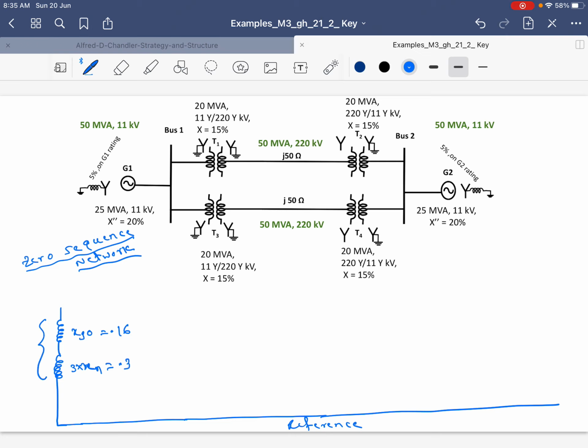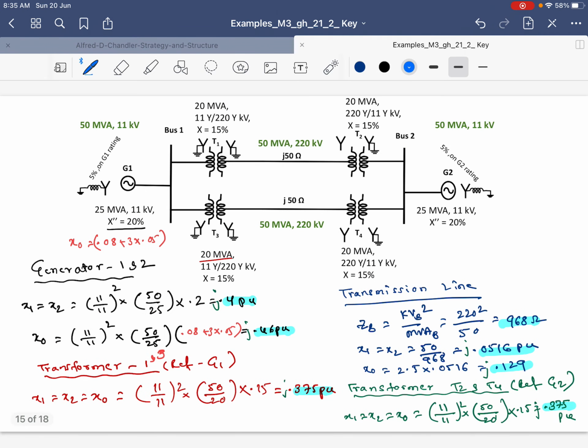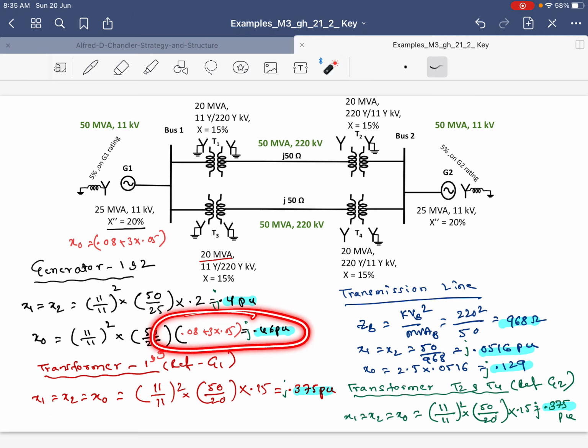Then the whole calculation gives 0.46, which you can observe here is taken care of.